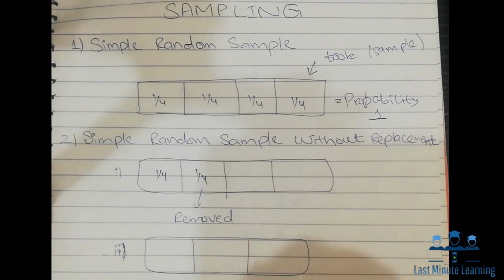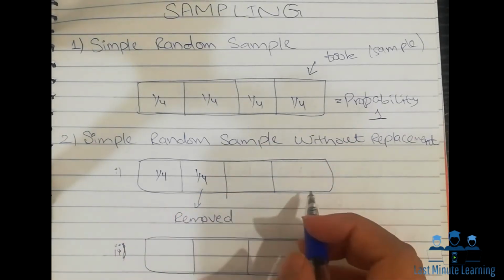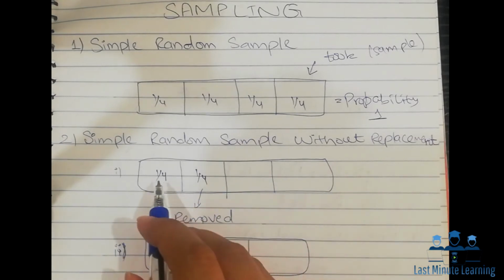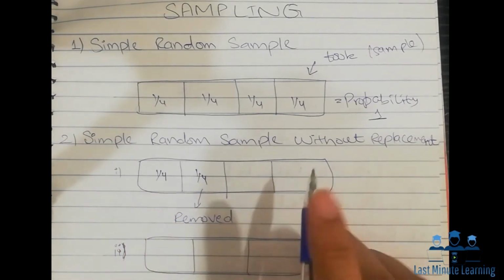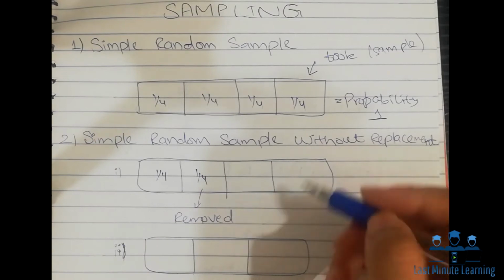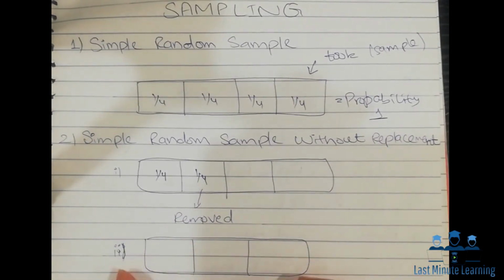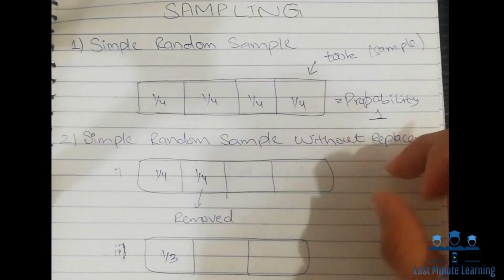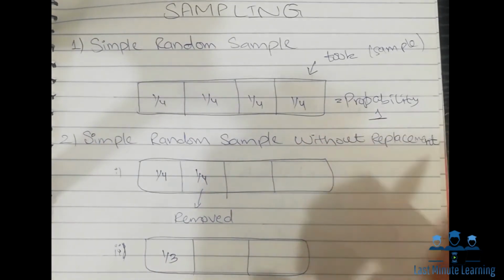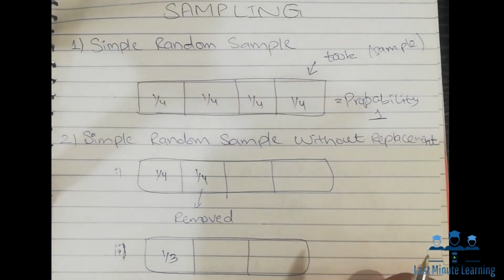The total balls before taking out that ball were 50 and now they are 49. Same is the case with this data. Their probability was total 1. When we remove a sample from it, the remaining would be this part left of the data. Then the probability of each one would be 1 by 3. So the probability will change according to the data we take from the overall data.